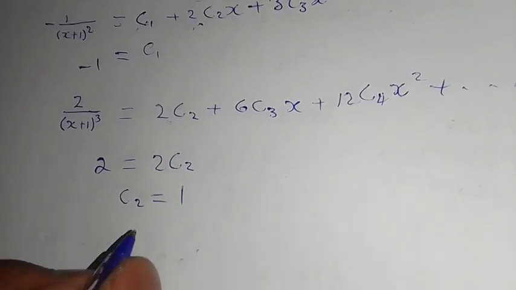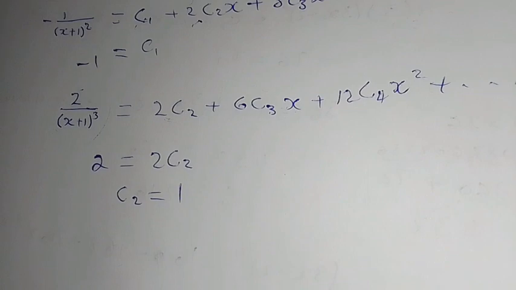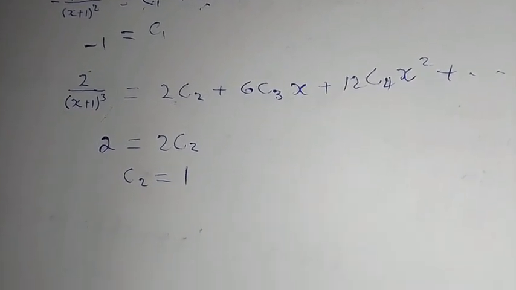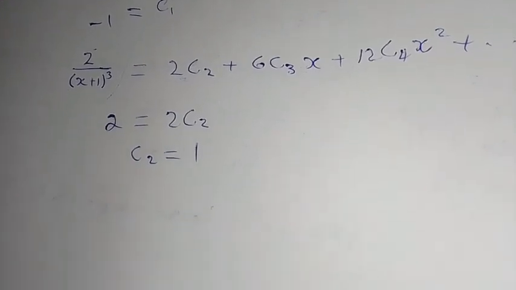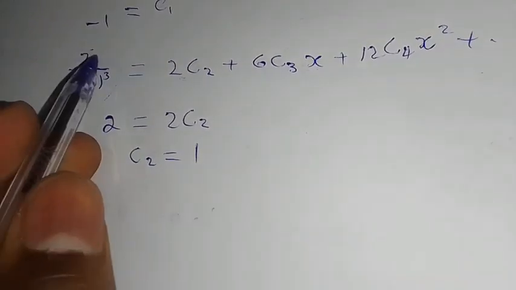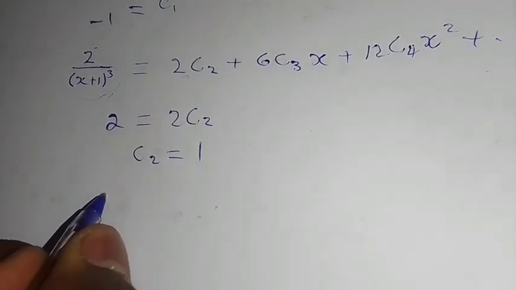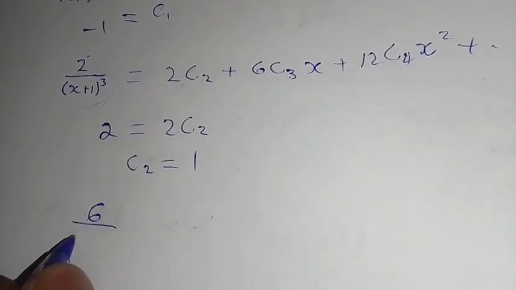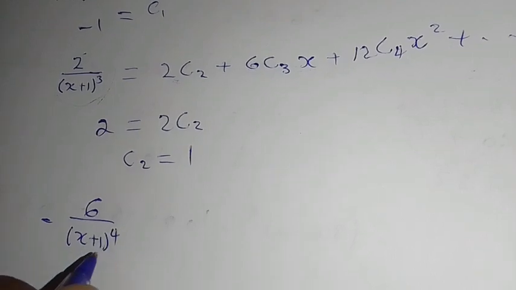Okay, now let's take the third derivative of that. I assume we can all do derivatives in our heads at this point because we are familiar with derivatives. Now we're taking the third derivative, which will just be 6 minus, and then we just have x plus 1 to the 4th.